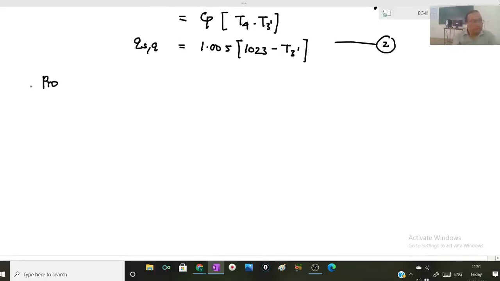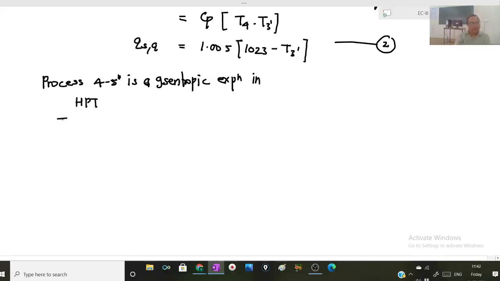Now process 4 to 5 dash, sorry, 4 to 5 is isentropic expansion in high pressure turbine.